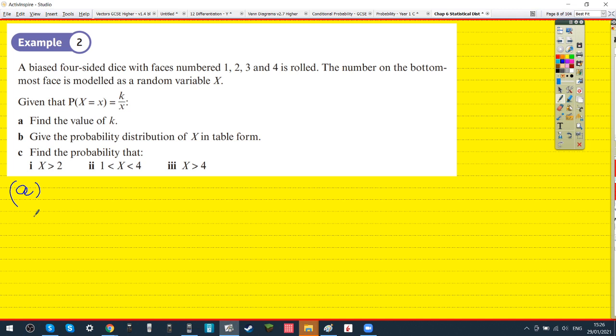Any idea how this thing works? Not entirely. This is the thing where it's a formula that gives you the probability. So basically, what do you know about the probability of 1 or 2 or 3 or 4?